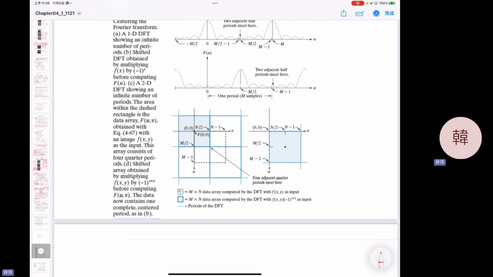Some students always forget this process. Remember to multiply this again, FFT shift. In MATLAB, I think the function is called IFFT shift. So if you use FFT shift here, remember here you need the IFFT shift to make it back. Or you multiply by (-1)^(x+y).